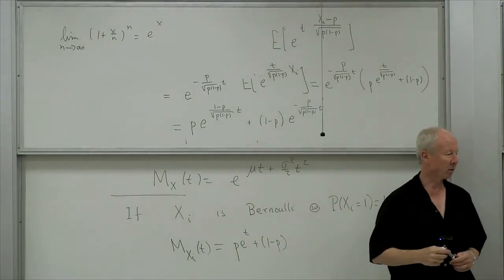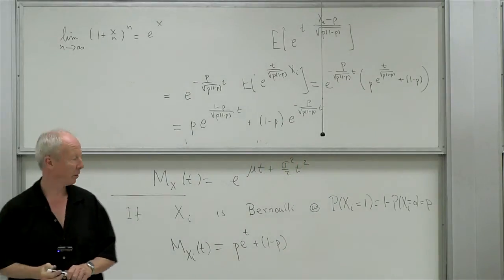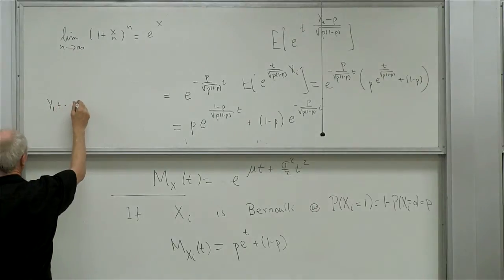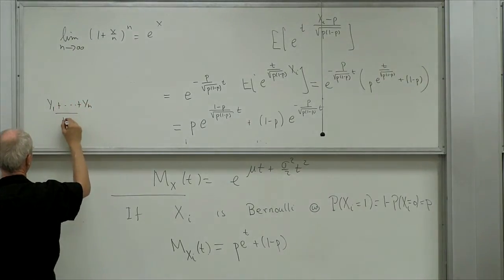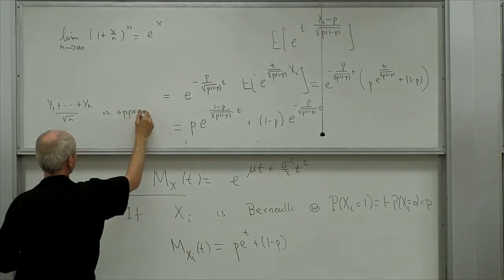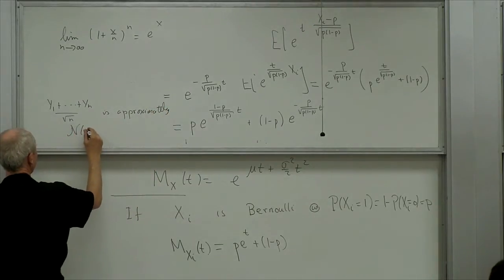So that's called the central limit theorem. That the distribution of y1 plus dot dot dot plus yn over square root of n is approximately normal, mean 0, variance 1.